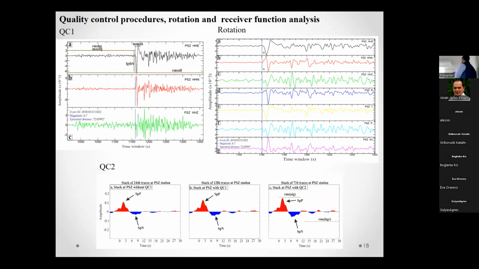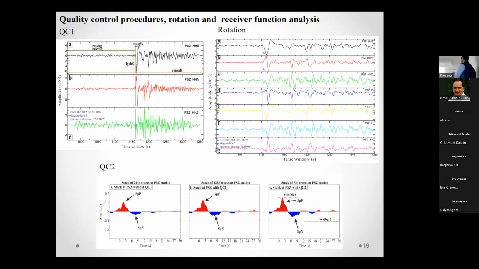The preprocessing was also important for a good quality receiver function. Therefore, we developed the quality control for the S-wave. It was a very important step because we can handle the big data set in this case automatically.